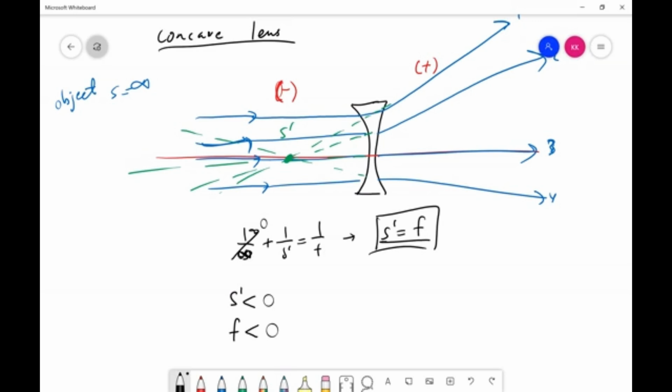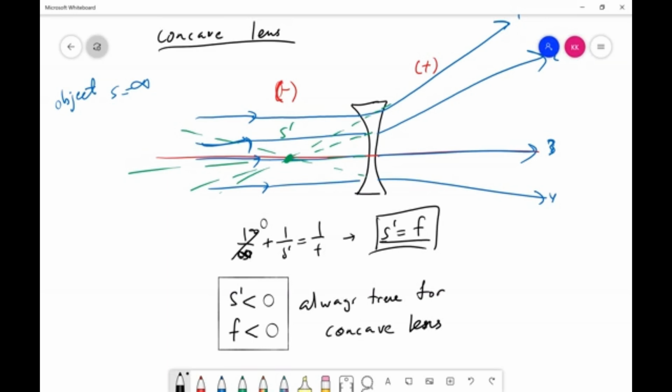Now, here's the thing: those two things are always true for a concave lens. That means you're always going to get a negative image position and a negative focal length.